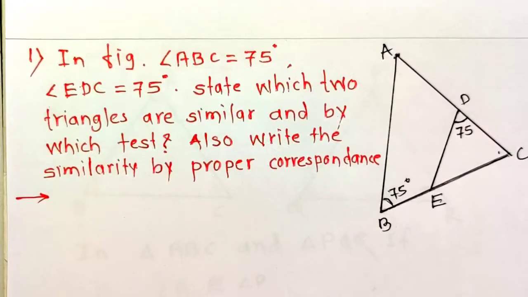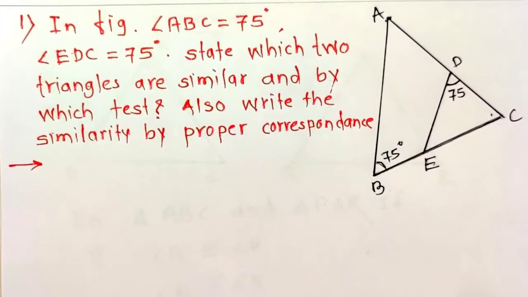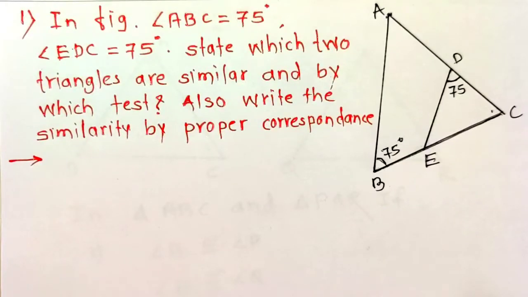Therefore, by AA test, if two pairs of corresponding angles are congruent, then the triangles are similar by AA test. So using that test, we can prove these triangles are similar.